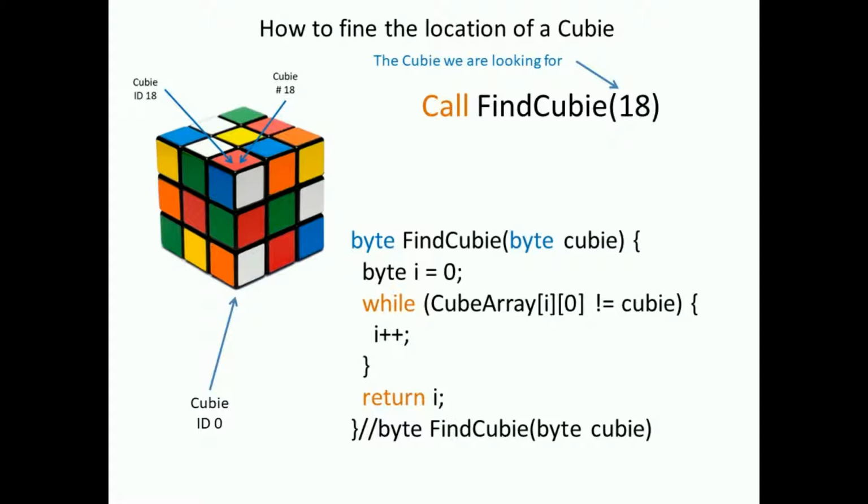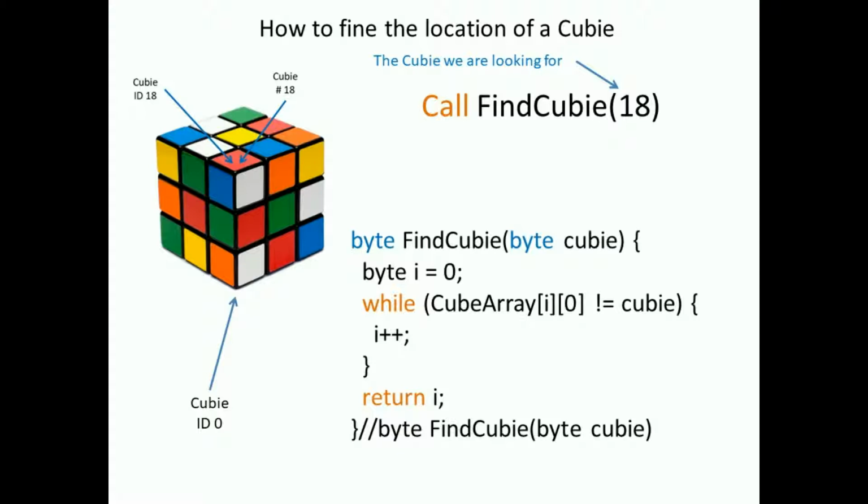So in the first turn, I equals 0, which is this cubie, I equals 1, this cubie, I equals 2, this cubie, I equals 3, this cubie, I equals 9, this cubie, 10, 11, 18. As soon as it reaches 18, the while statement becomes true, and this little function terminates, and we return the I, which equals 18, to the calling unit.